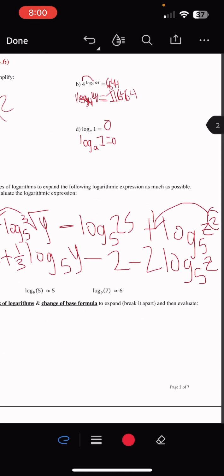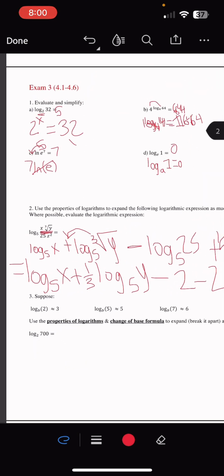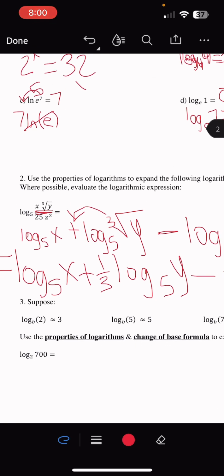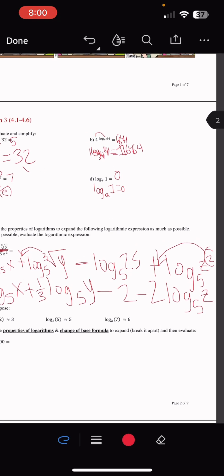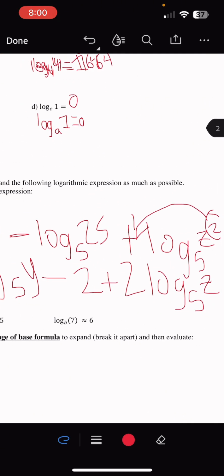And then that's going to be your most expanded form, because I don't think that there's anything else that you can do here. Just make sure of one more thing. Nope, we've expanded here, we've expanded here, we've expanded here, and I apologize, this is actually a plus. 2, yep, we're all good.